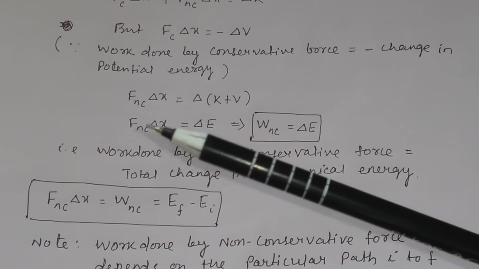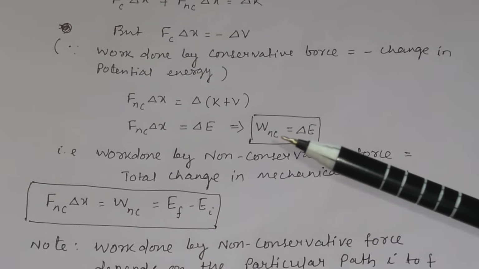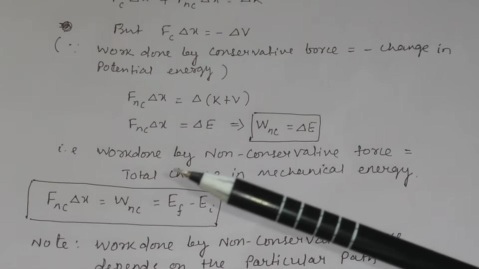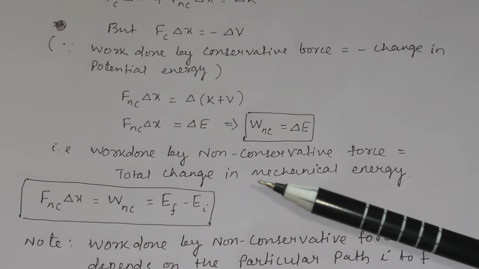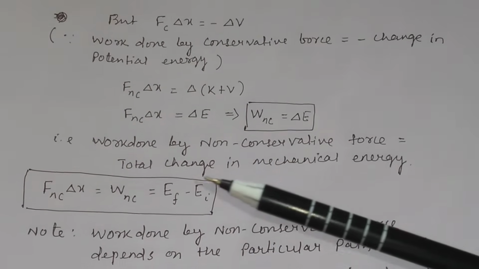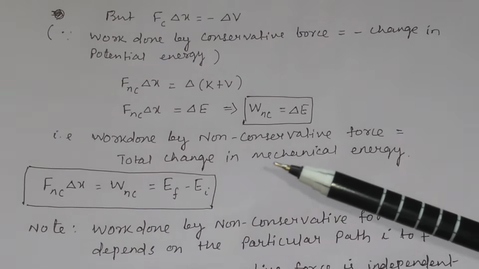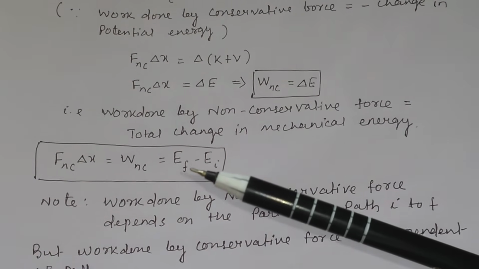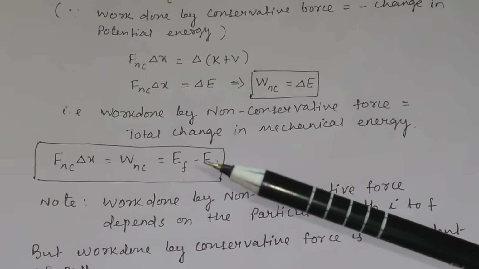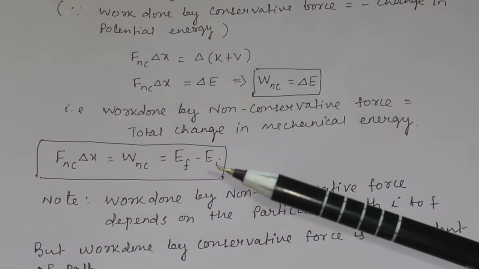This is nothing but the work done by the non-conservative force. So Wnc is equal to delta E, that is, the work done by the non-conservative force is equal to the total change in mechanical energy, which can be written as Ef minus Ei, that is, the final mechanical energy minus the initial mechanical energy.